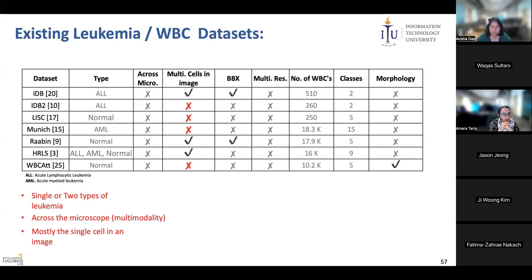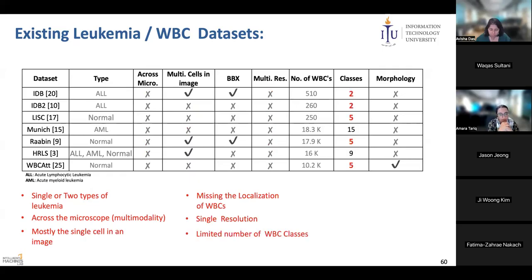They just capture a single cell, like a very popular dataset, for example IDB2, which has just one big cell in the image. Sometimes they don't have localization. All of them are of a single resolution; they don't capture multiple resolutions.